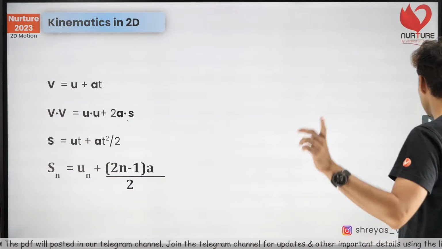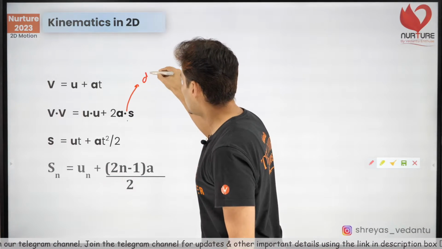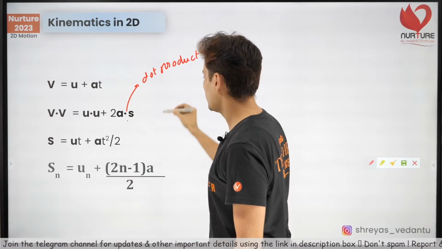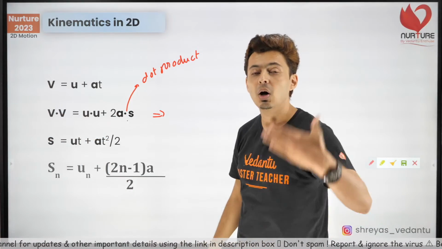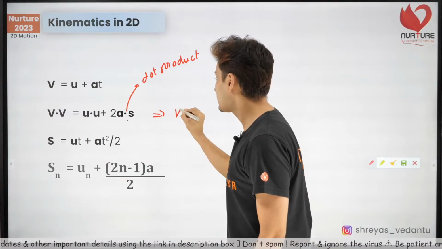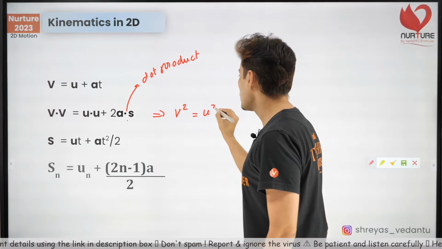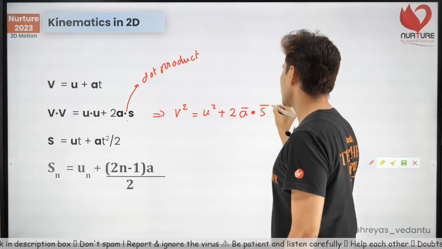Now let me tell you, this is a dot product, so be careful over here. In the simplified version, it will end up being, remember, any vector dot that same vector is square of the magnitude. So it will become v square is u square plus 2a vector dot s vector.